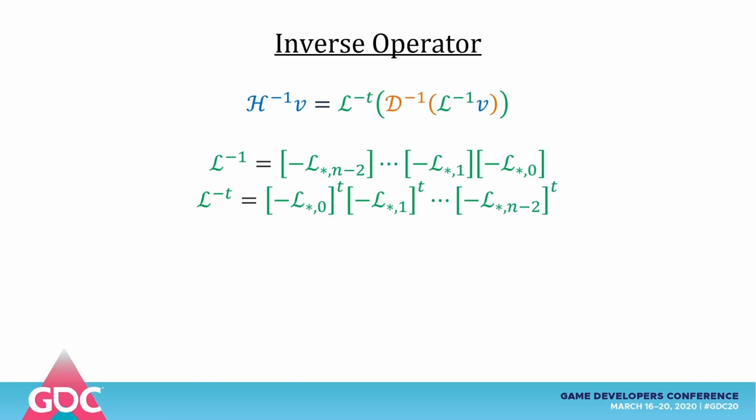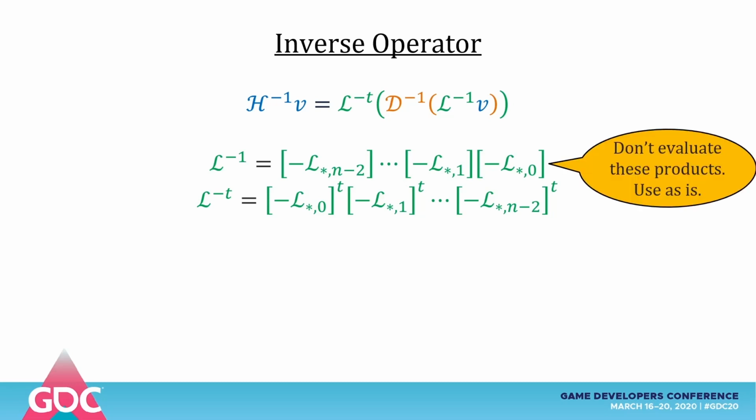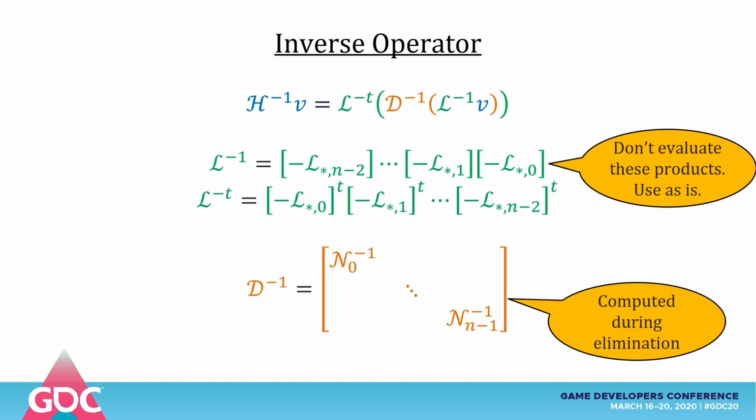Just negate the elements below the diagonal. And don't evaluate the product of these matrices. Use this decomposition while applying to a vector. And finally, the inverse of D is the block diagonal matrix consisting of the inverses of the node matrices and I's. But these have already been computed during the Gaussian elimination.